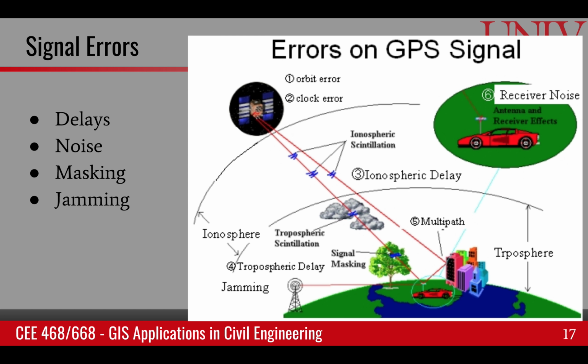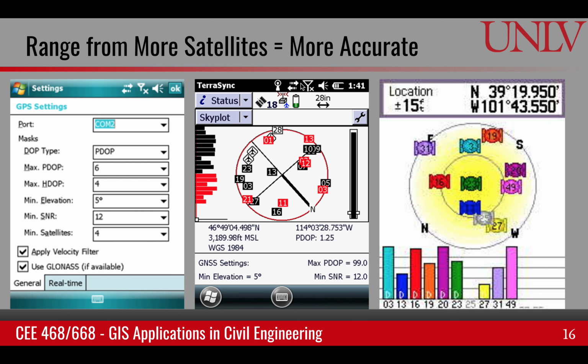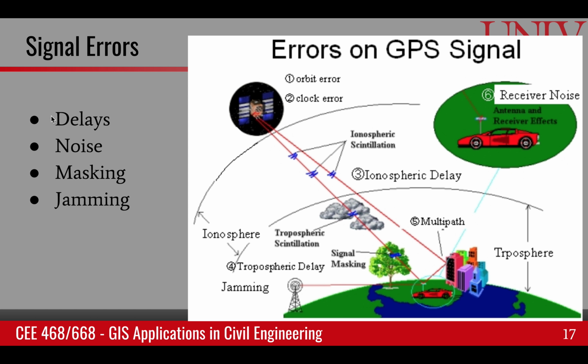So the signal error can come from various sources that can reduce our accuracy. There can be delays. If the signal is coming from space, it passes through the ionosphere, and there can be delays in there.